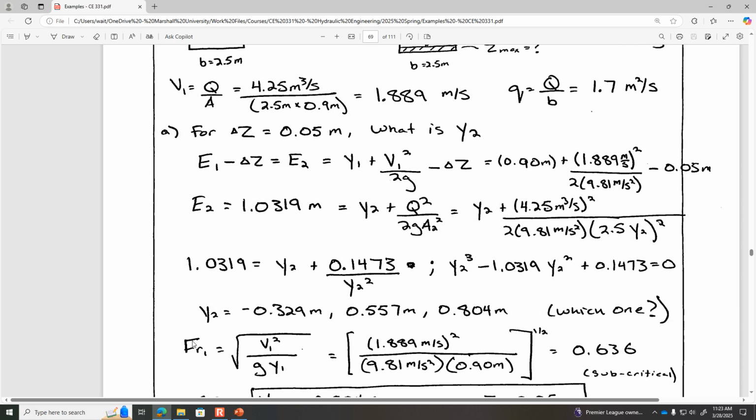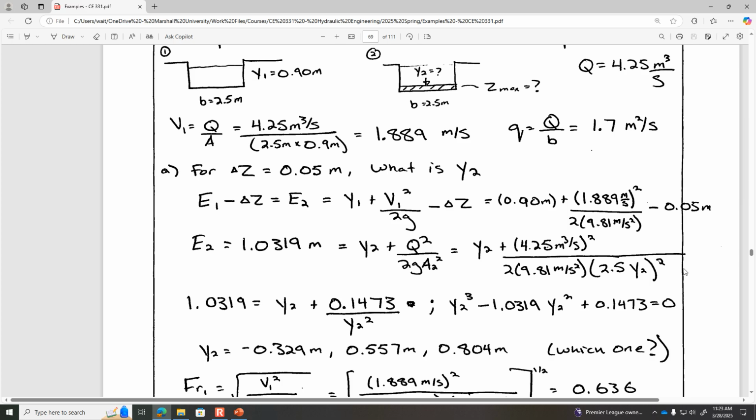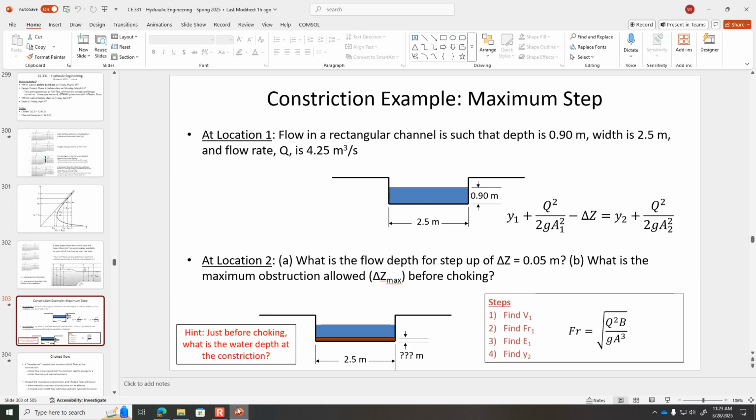Here I calculated it using a slightly different formula, but 0.636 is the Froude number. And then the specific energy is going to be the velocity head plus the depth, and so the specific energy is 1.082 meters. So everybody get those same values for the velocity, Froude number, and specific energy?